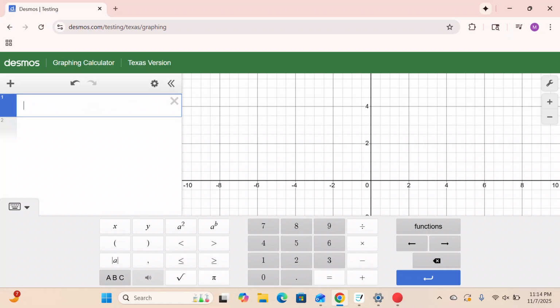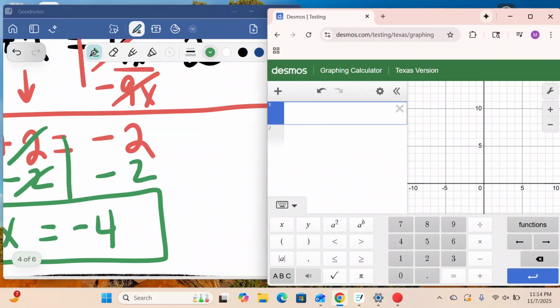And then you just exit out. You don't know what 9 minus 15 is, well, Desmos will do the work. It is negative 6. You don't have to get confused. If you don't know what negative 20 divided by 4 is, Desmos will do the work for you, which is negative 5. So anytime now, you don't have to be scared of fractions. You don't have to be scared of decimals, because Mr. Desmos will do everything for you.